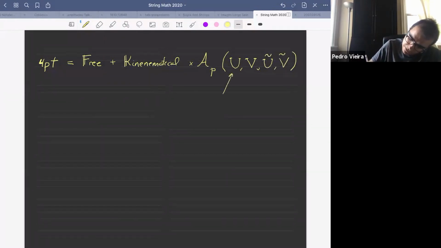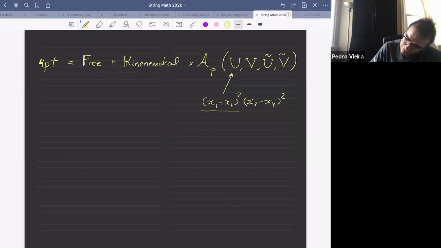So this u would be something like x1 minus x2 squared, x3 minus x4 squared, divided by something like x1 minus x3 squared, x2 minus x4 squared.